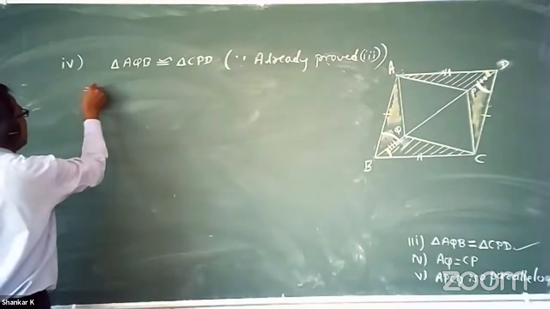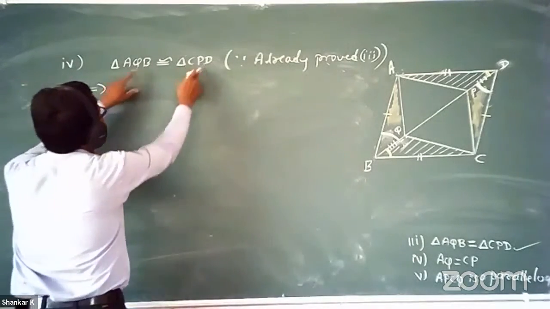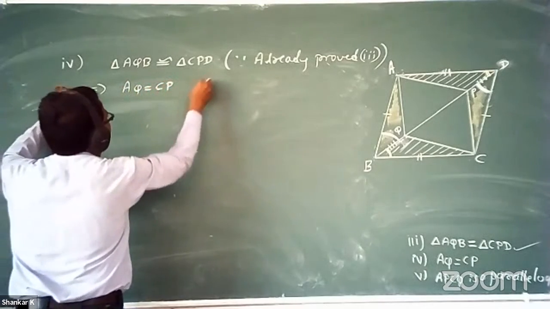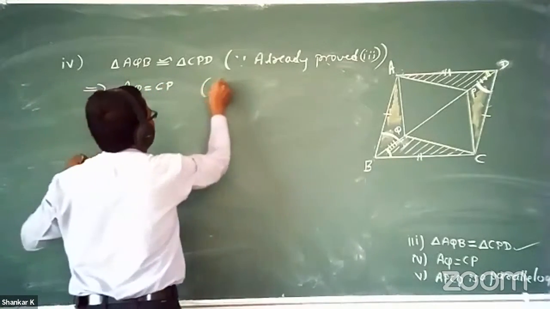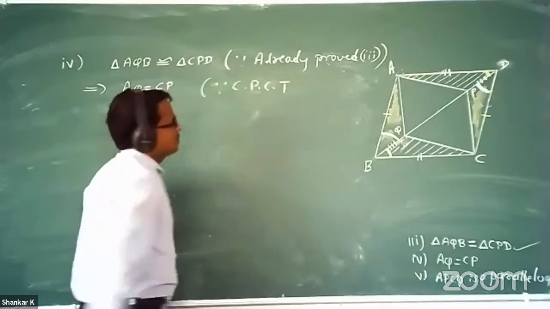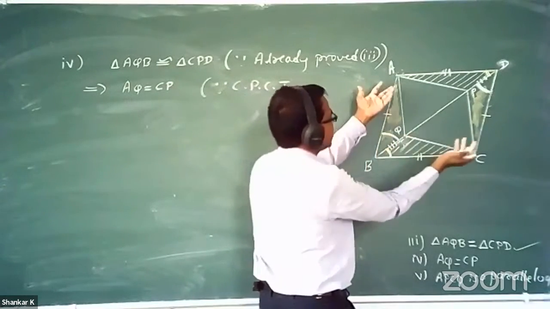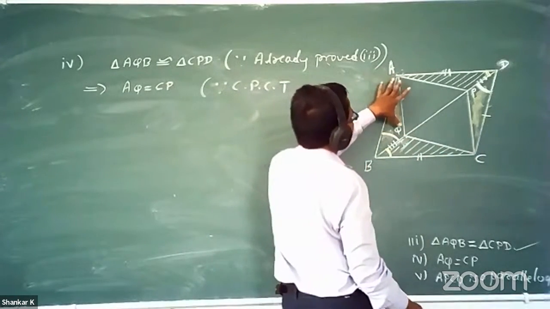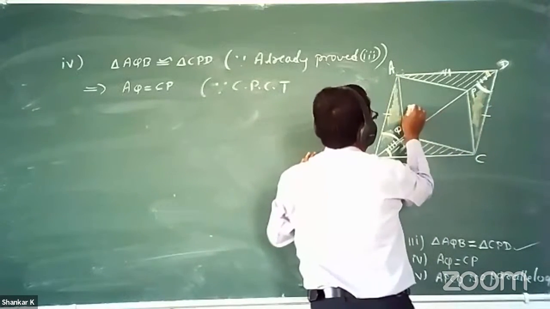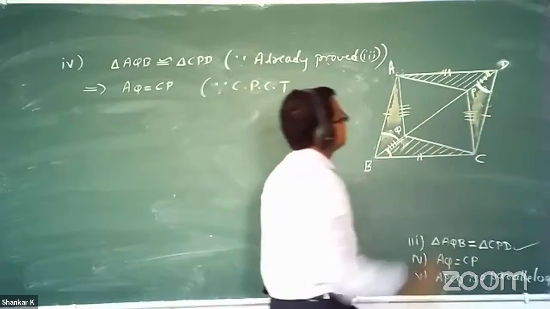Therefore, this implies AQ equal to CP. These are corresponding parts of congruent triangles. Already two sides are equal, one angle is equal, remaining parts are automatically equal. Remaining parts are AQ equal to CP. In this triangle, you have shown these two are equal. Now you have shown this.